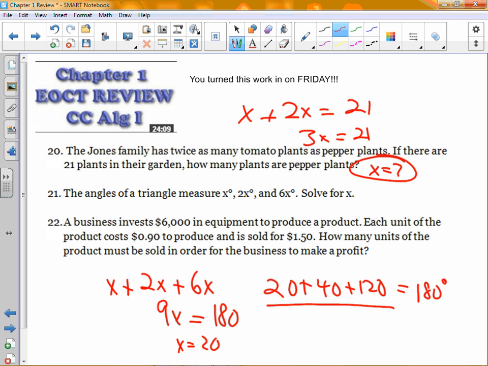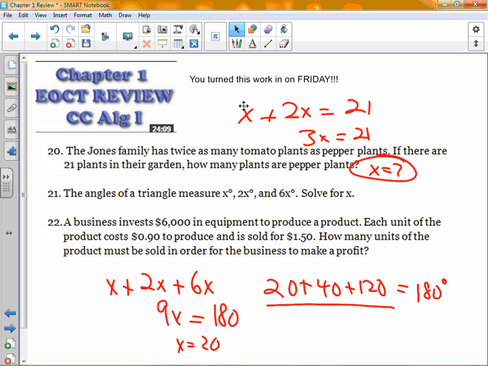Here's what I mean. If I have 7 pepper plants, what's twice 7? 14. What's 14 plus 7? 21. Again, it works. Here, when I add these three angles together, they give me 180 degrees.